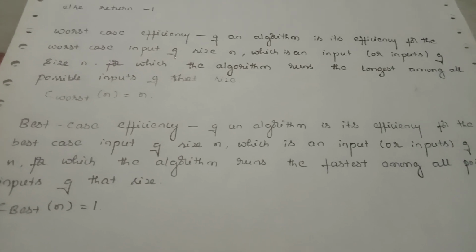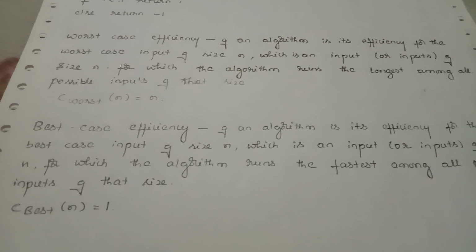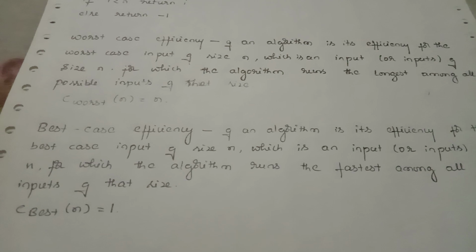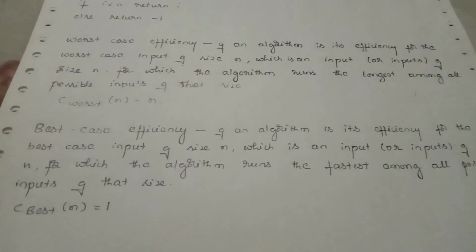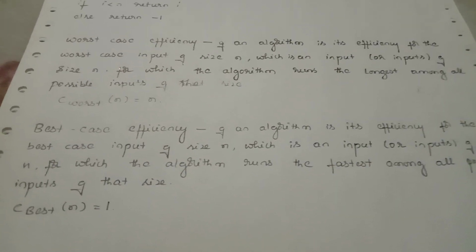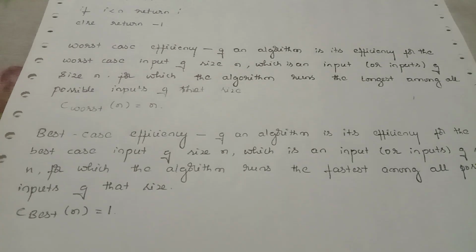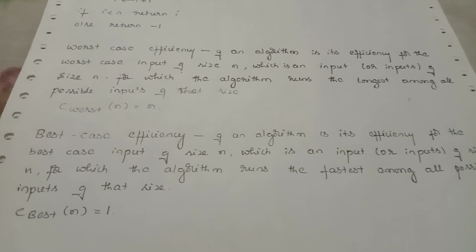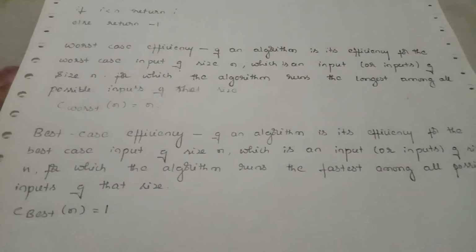Based on this we find the running time of an algorithm, but this is not always the case. Measuring the input size, the basic operation and how many times it runs does not alone give you the time efficiency; there arises the situation of best case, worst case and average case efficiencies.